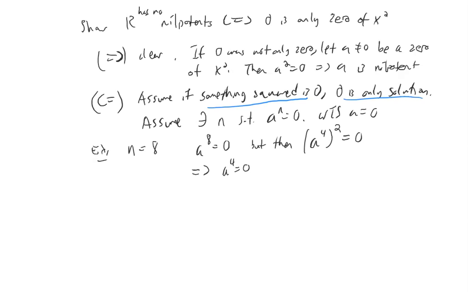Now, a to the 4th is a squared squared, and that's 0. So again, using the blue underline, a squared is 0, right? But then, of course, this means a is 0. Is everyone clear on this? Yes? No?